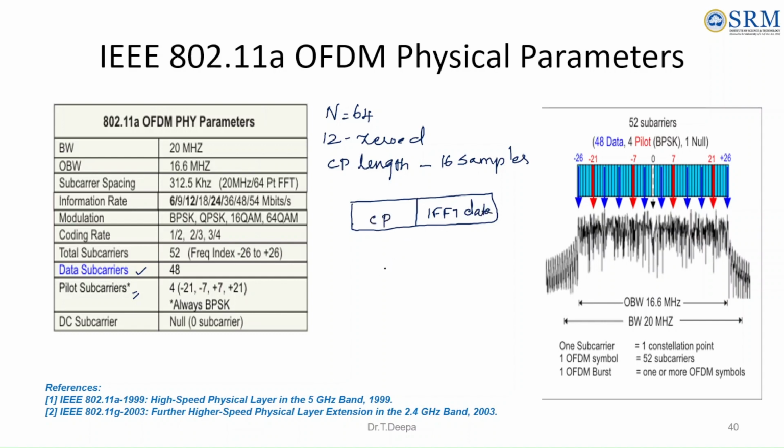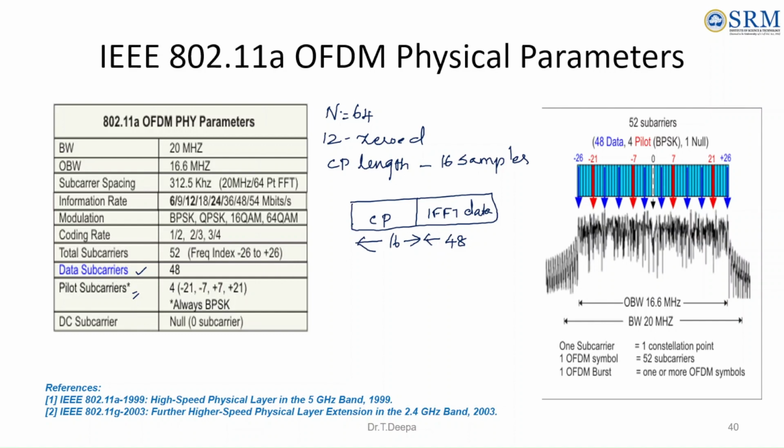Here the total number of samples associated with each OFDM symbol, including both the data samples and the cyclic prefix, is 16 plus 48... sorry, this 48 plus 4.